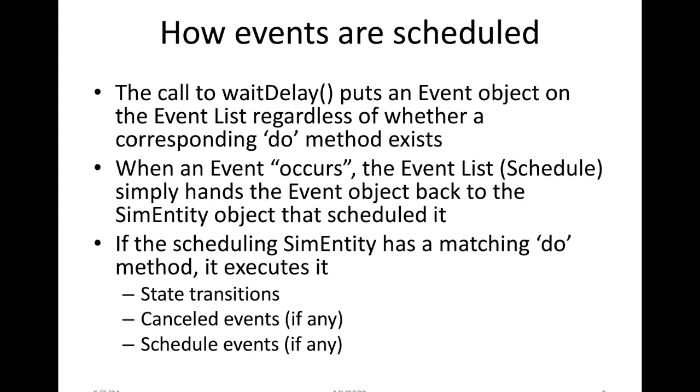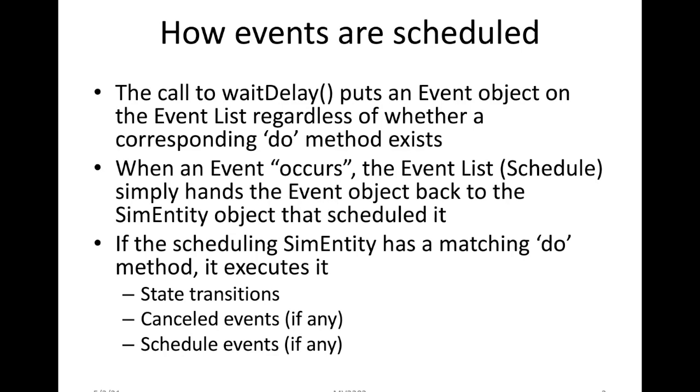So in other words, if it has the matching do method, it executes it, but if it doesn't, it doesn't execute it. And by matching, the key thing to understand there is that matching means having the same name and argument. In other words, this SIM event comes with a list of parameters or an empty list.